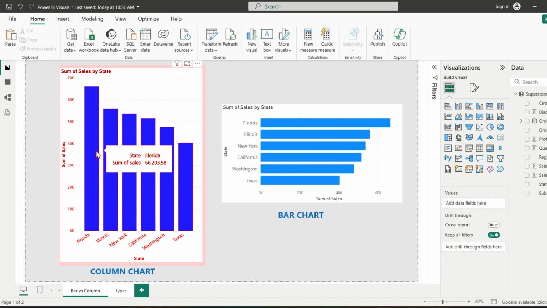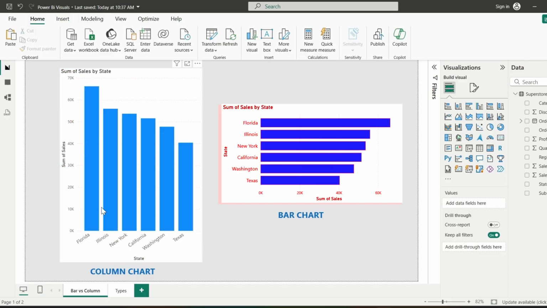We use a column chart when category names are short and when we want a natural left to right comparison. And we use a bar chart when category names are long, we have many categories, and we want better readability and ranking clarity. So the choice between bar chart and column chart is mostly about readability, not analysis.